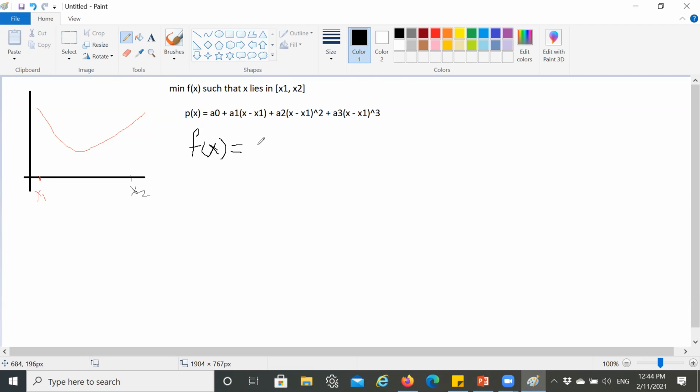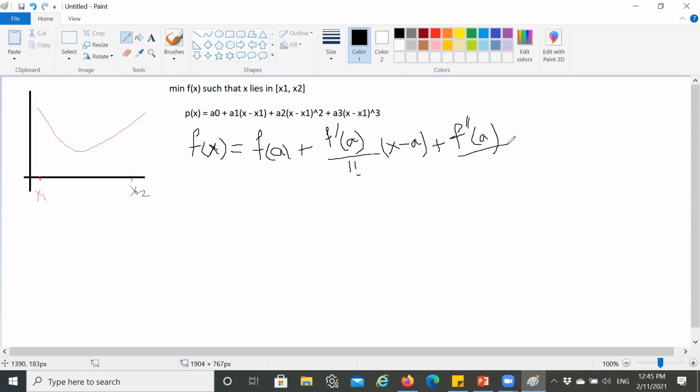So the Taylor series, we talked about this, would be f of a, plus the derivative of f at a divided by 1 factorial times (x minus a), plus the second derivative, and so on. It's an infinite series.